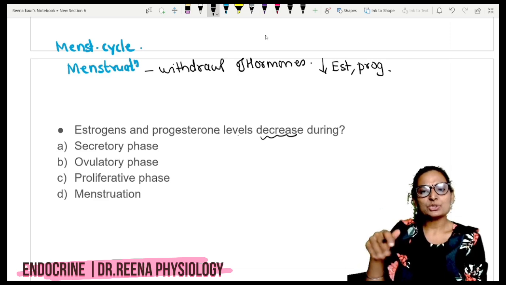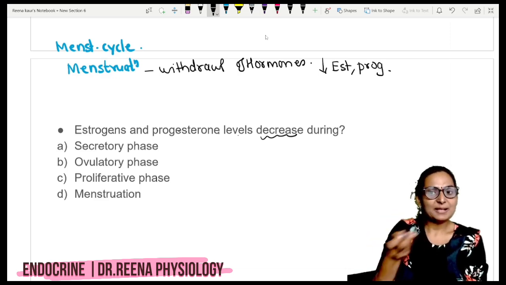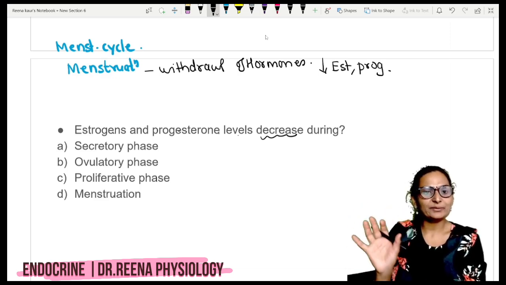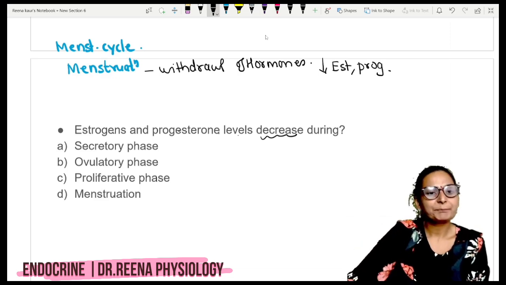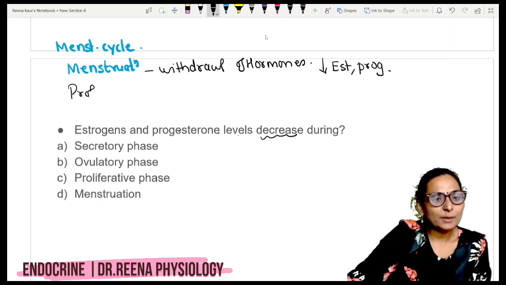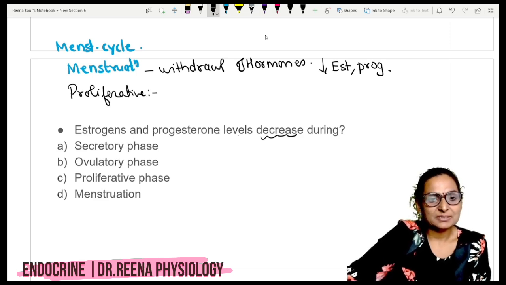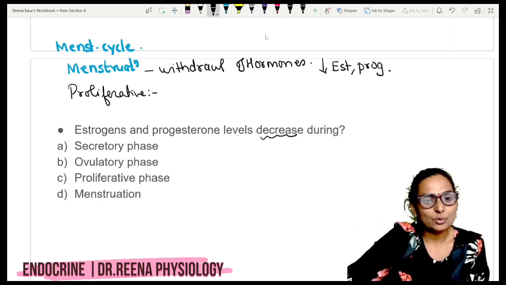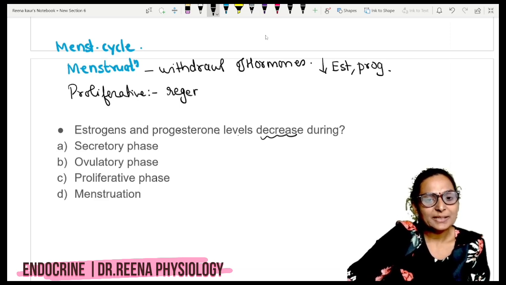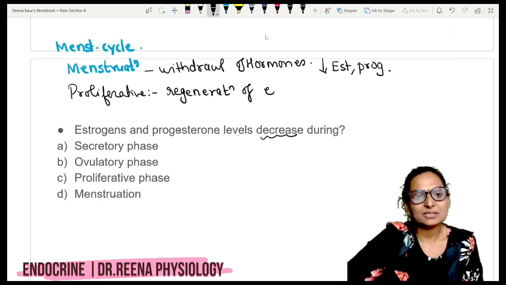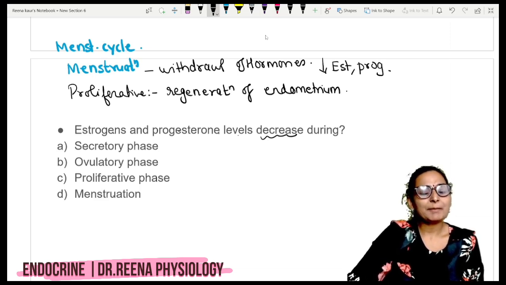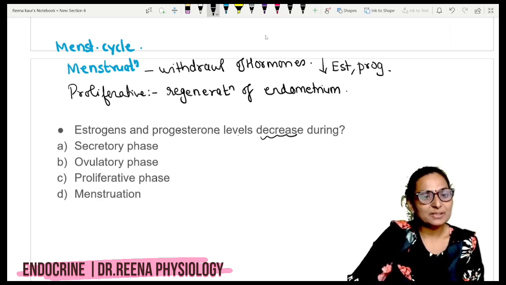As the hormones go down, there is vascular spasm and shedding of the endometrium during the menstrual phase. Then the second phase is the proliferative phase. In the proliferative phase, there is regeneration of the epithelium, the endometrial cells, with development of the glands and the blood vessels.